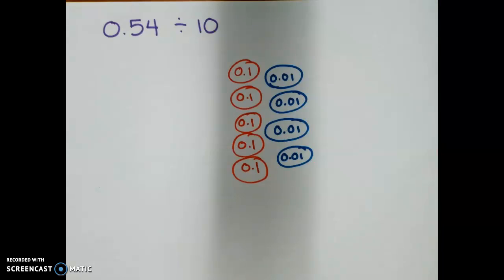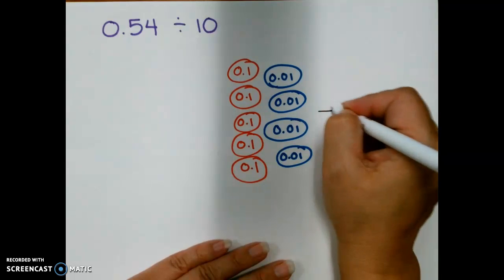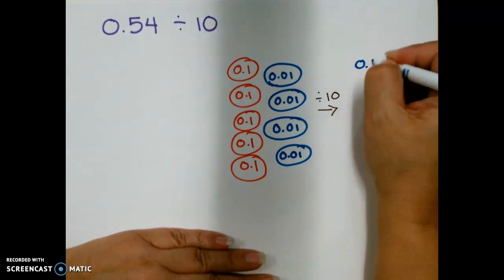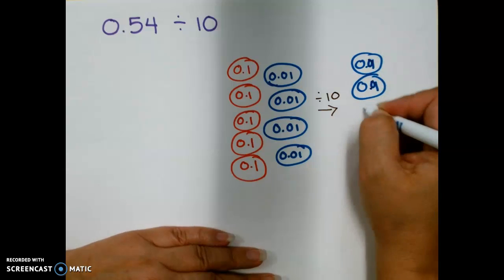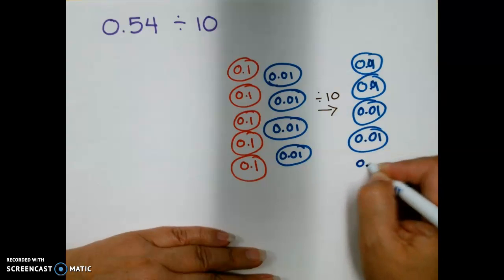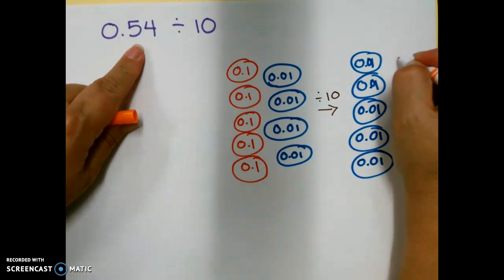Okay, so our next problem is 54 hundredths divided by 10. I went ahead and drew the place value discs, so we have 5 tenths and 4 hundredths. When we divide that by 10, what do we get? Well, our tenths become hundredths. So now I'm going to have 5 hundredths, if Miss Walker can remember what she's doing and write them down the right way. I'm going to have 5 hundredths, and I'm going to have 4 thousandths.